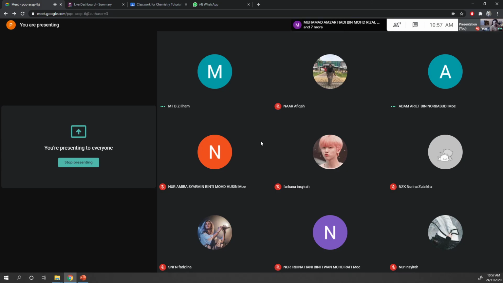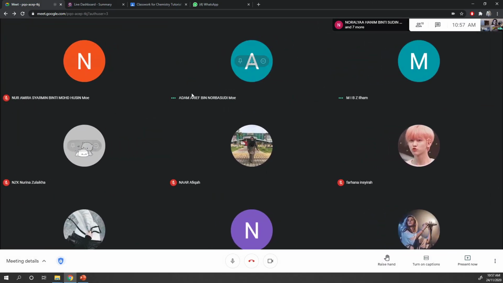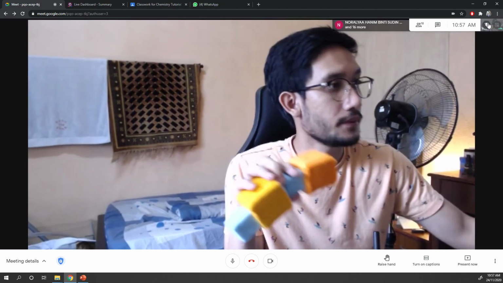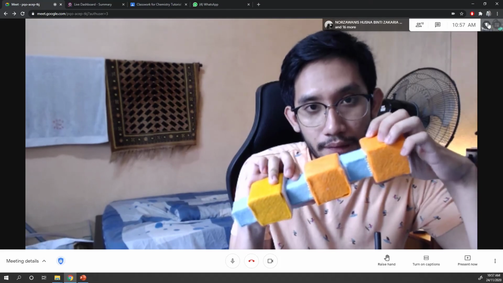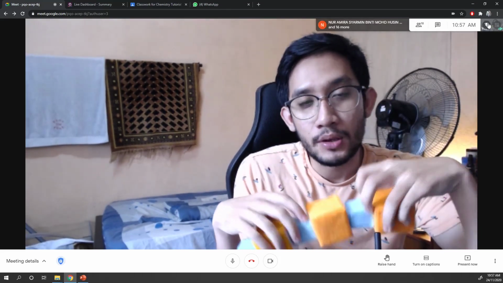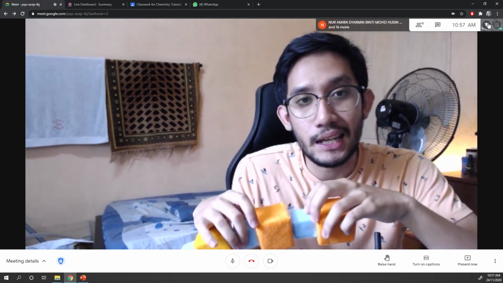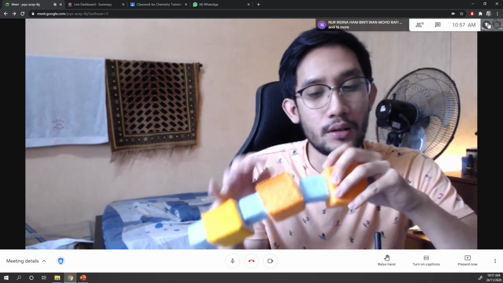Next week kita akan start masuk intermolecular forces. Kita akan belajar pasal, kalau you guys tengok, this presenting my, nampak my camera? Nampak. So kita akan belajar the intermolecular forces. So hari tu kita belajar ionic bonding, covalent bonding. It is intramolecular, maksudnya dalam molekul.